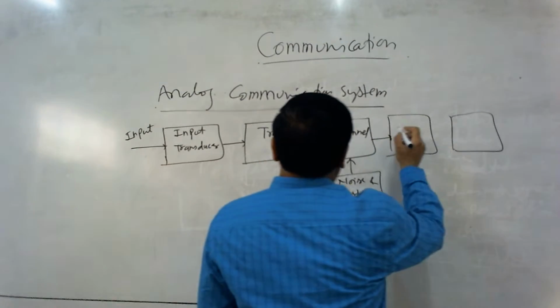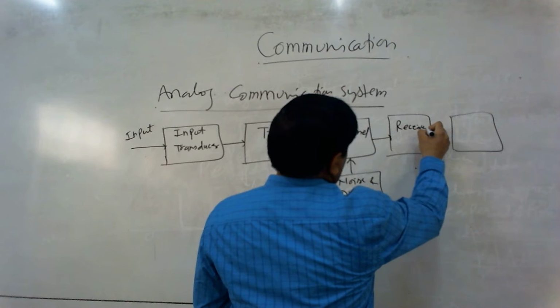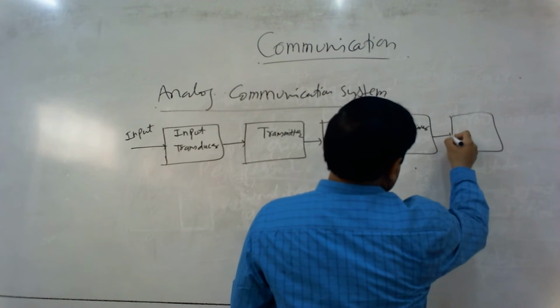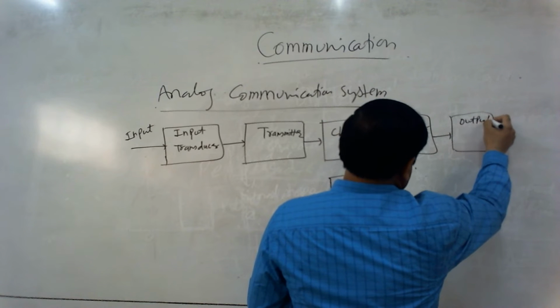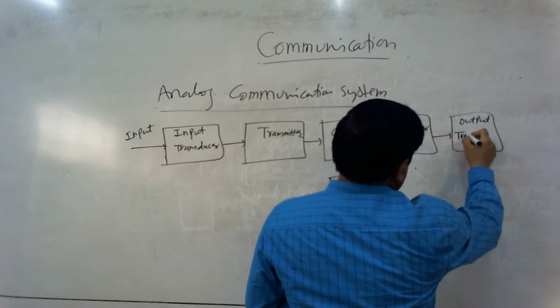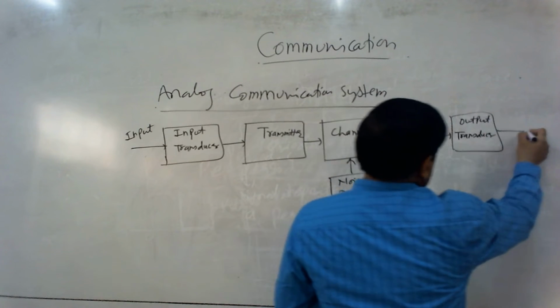The fourth block is the receiver, and the fifth and last is the output transducer, and this is the output.